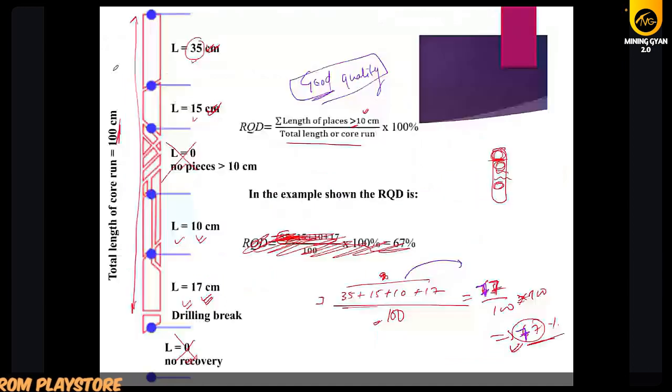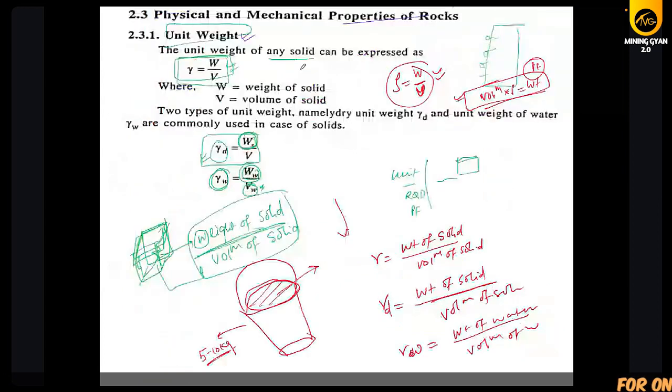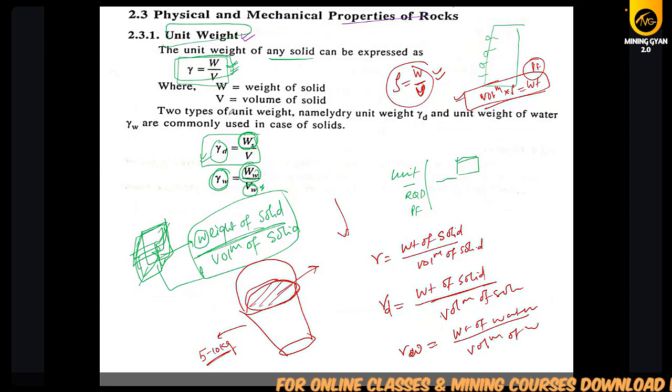We have also seen an example of how to solve the question, and we had also discussed the unit weight. What is the unit weight? Unit weight of any solid is weight divided by volume. W is weight and V is the volume.